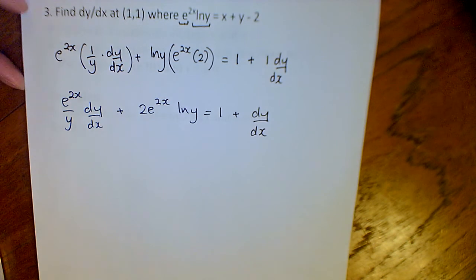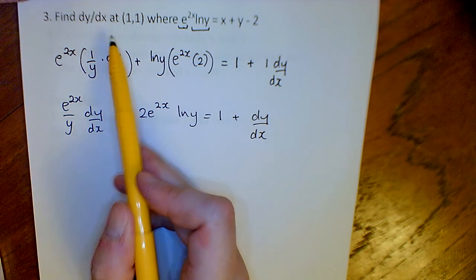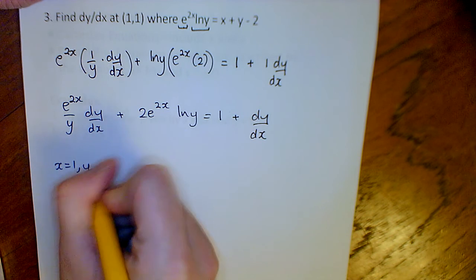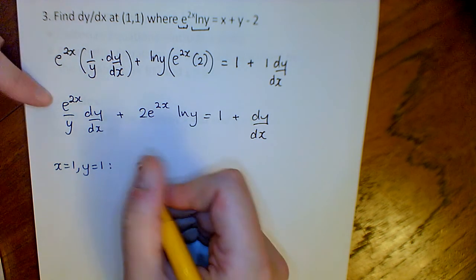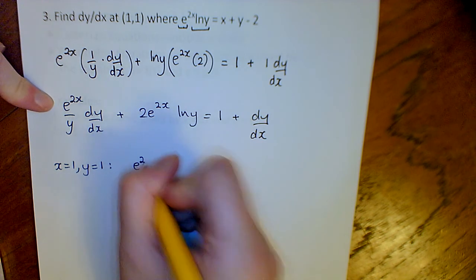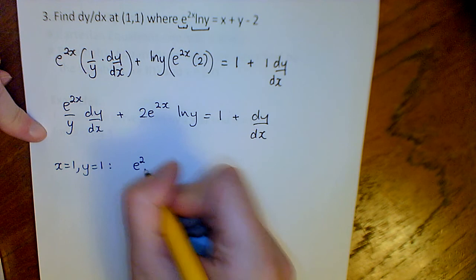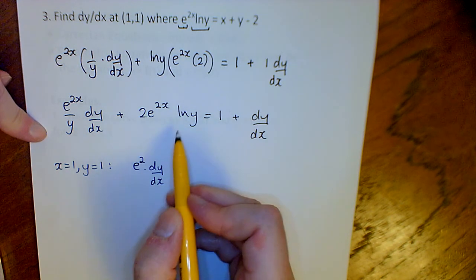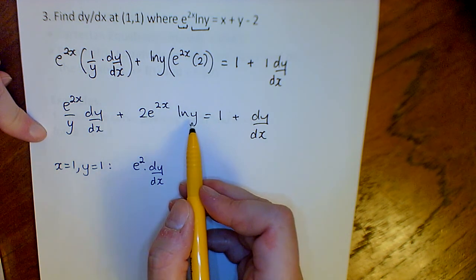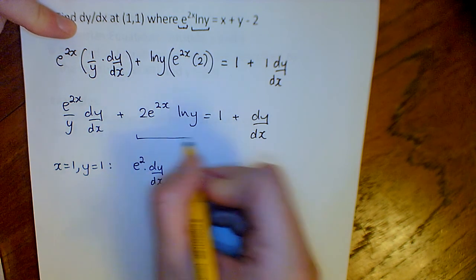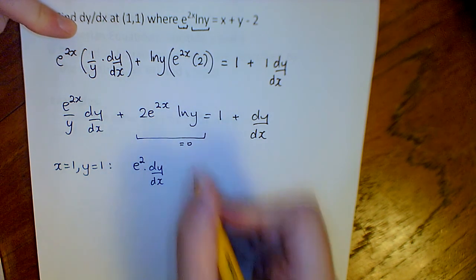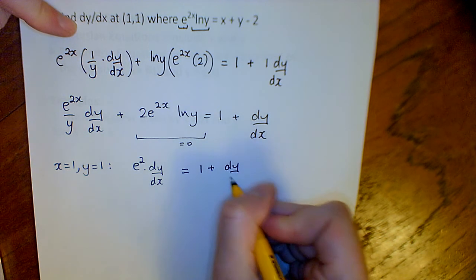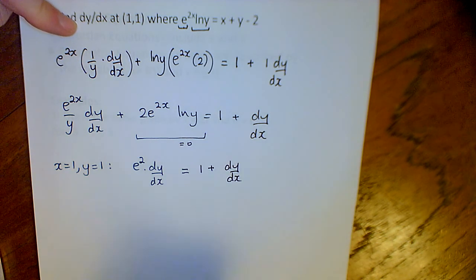Okay, because again we're given a point that we have to find the value of dy by dx at. So x is 1 and y is 1. So putting that in, we get e squared over 1, which is just e squared dy by dx. Now if we have ln 1 here, that's 0, so this whole part will go to 0. Goes 1 plus dy by dx.